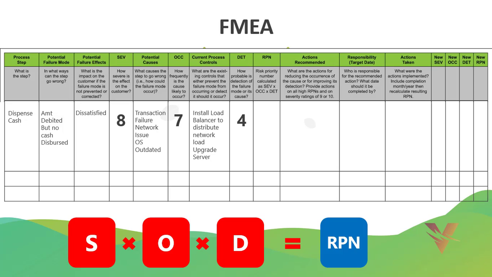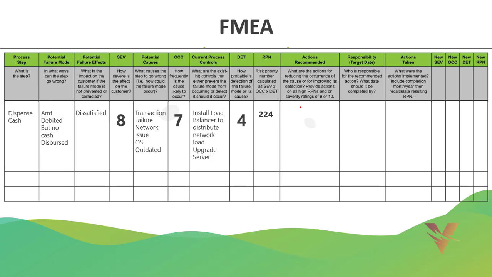So what is the risk priority number here? It is nothing but 8 into 7 into 4. It is 224.